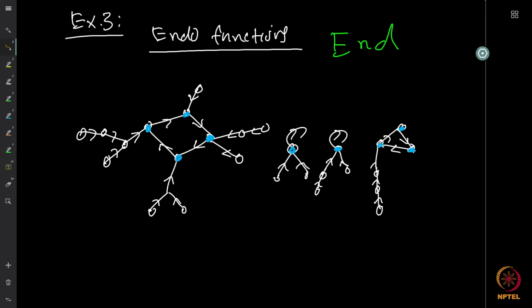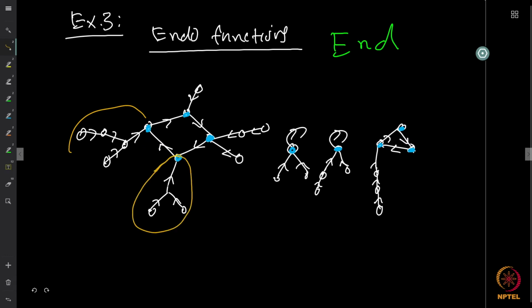It turns out that if you look at each of these, this one is a rooted tree because all the arrows are going to this vertex from this part. Similarly, each vertex in the cycle has this property that it is the root of some rooted tree.